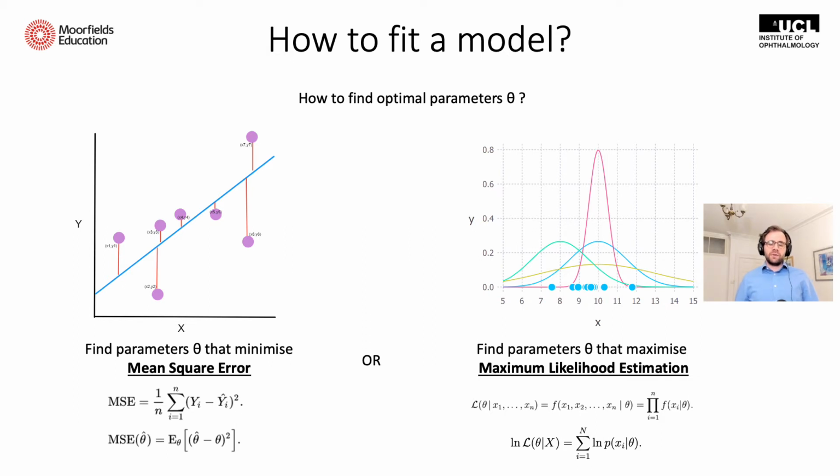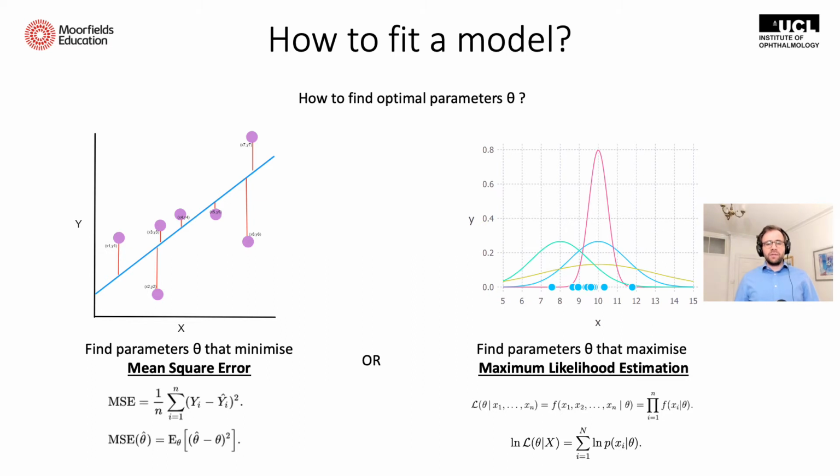The way to go about it is you take the blue points and project them onto the distribution, and that tells you the probability of seeing that blue point under that distribution. You get the probabilities from each of these points in that way, and since all the observations are independent of each other, you multiply all the probabilities, and that gives you the likelihood.